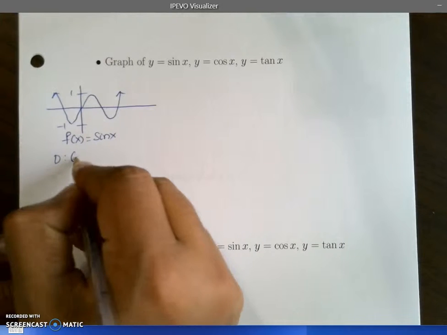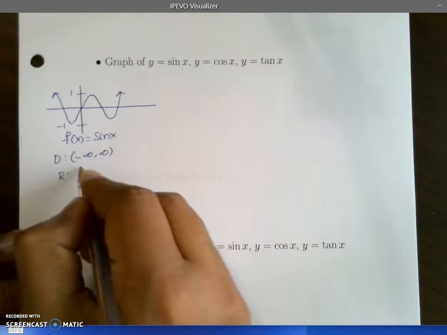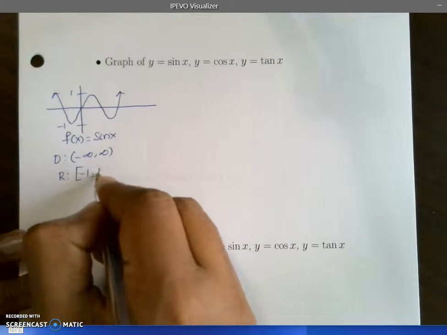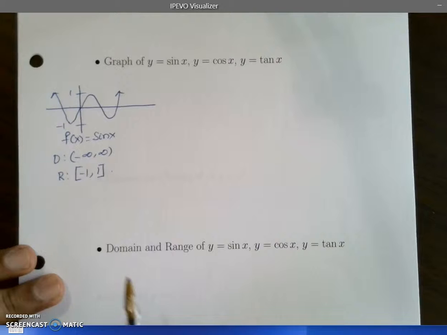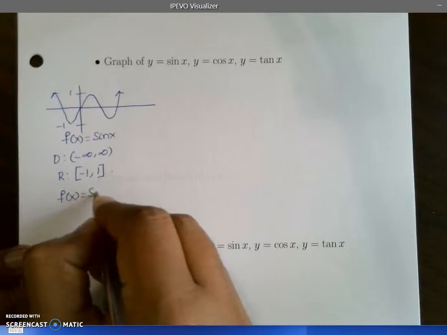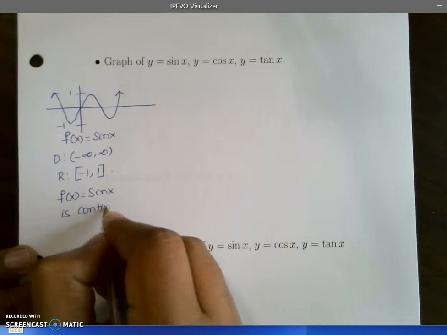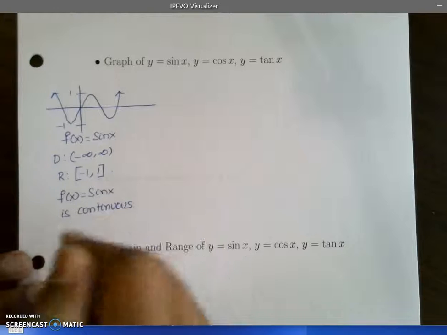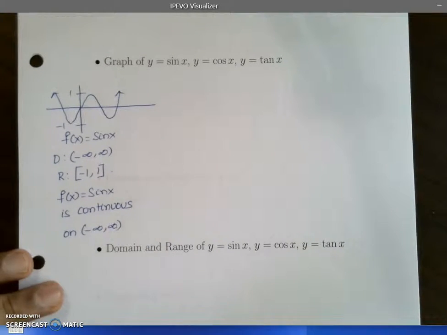The domain is negative infinity to positive infinity, and the range is from negative 1 to positive 1. You can see that the limit of the function is equal to the function value at every point in the domain. So f of x equals sine x is continuous on the entire domain, in other words on negative infinity to positive infinity.